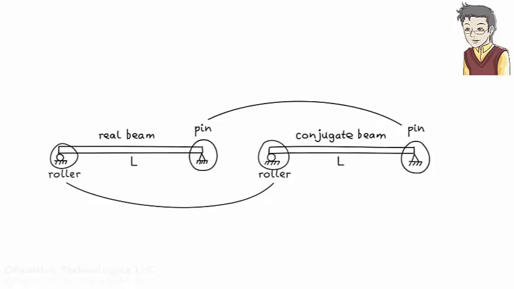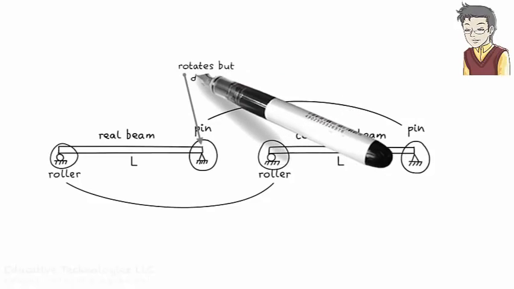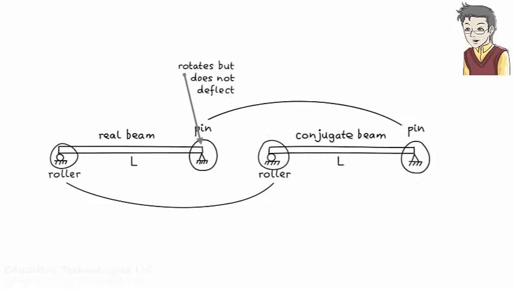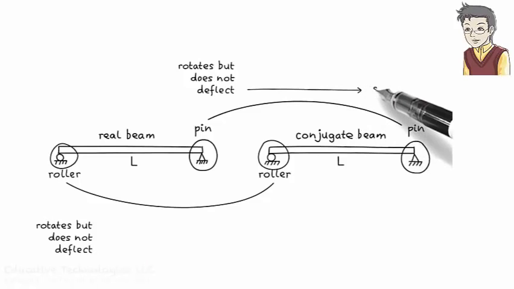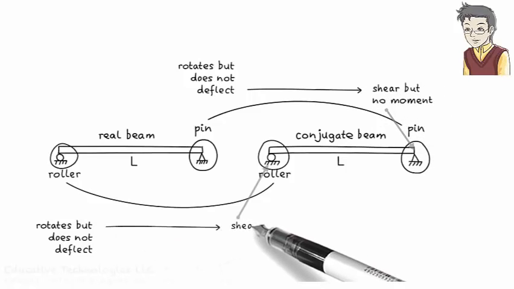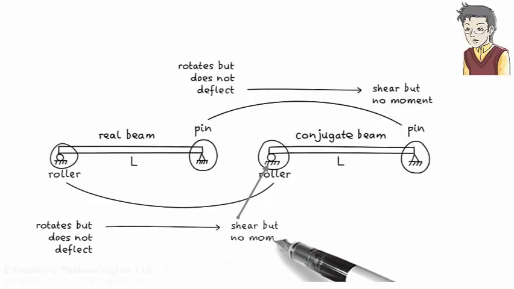Because a pin or a roller support allows rotation but prevents deflection. That is, the beam would have a non-zero slope but a zero deflection at the support. Therefore, the conjugate beam must have a non-zero shear but a zero moment at that point. A pin or roller support placed at that end of the conjugate beam indeed produces a non-zero shear and a zero moment.